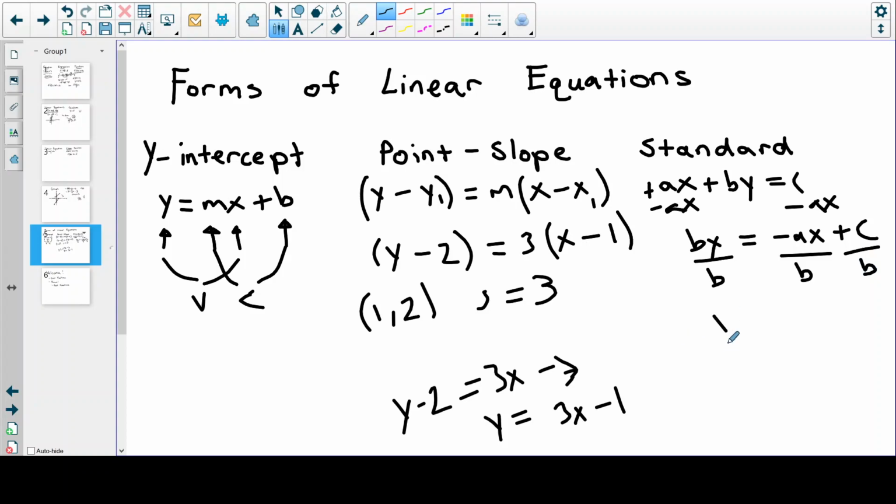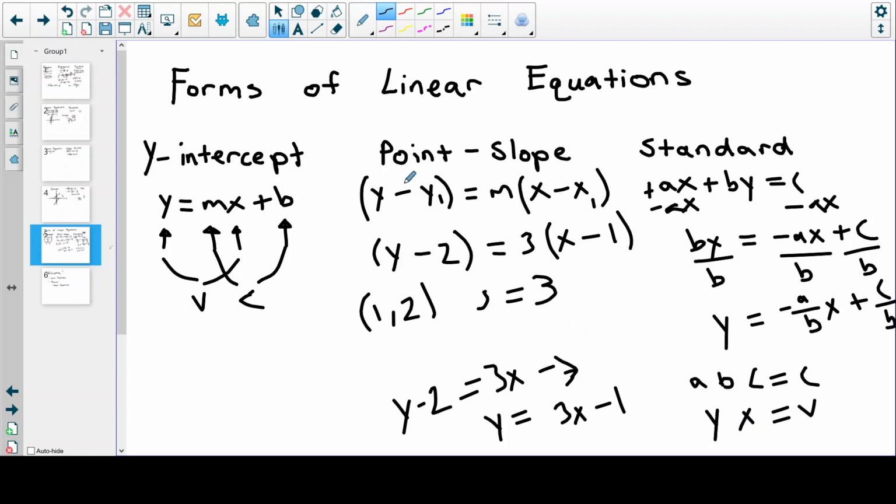Then you get y equals, in this case, using variables. Let me explain which ones are going to be variables and which ones are going to be constants. As you can tell, the a, b, and c are going to be constants, and then x and y are going to be variables.